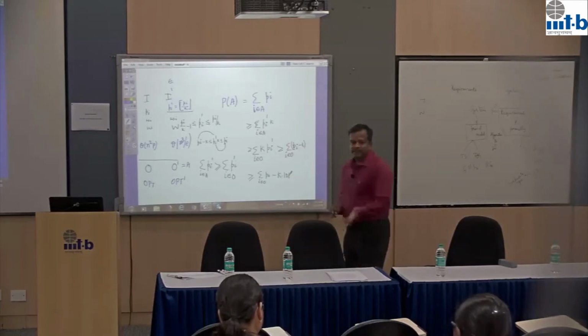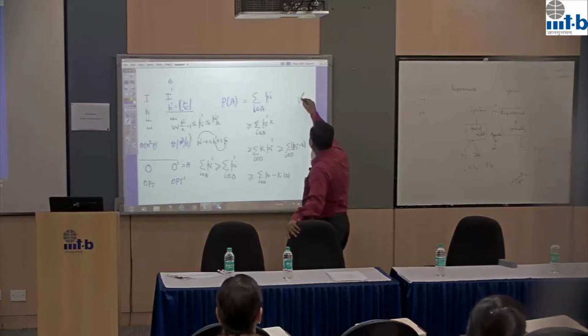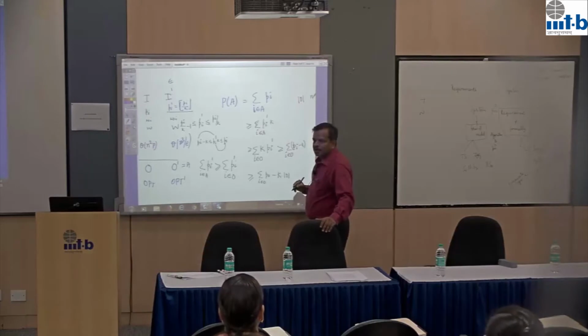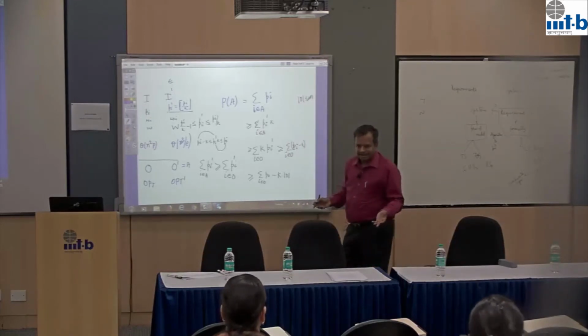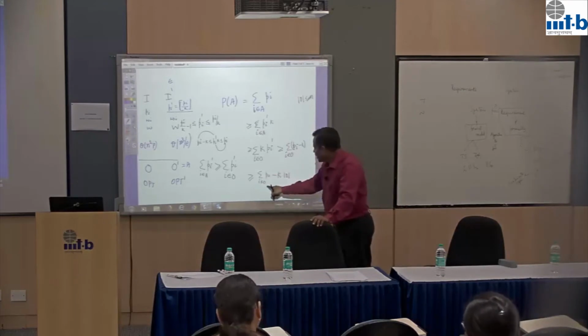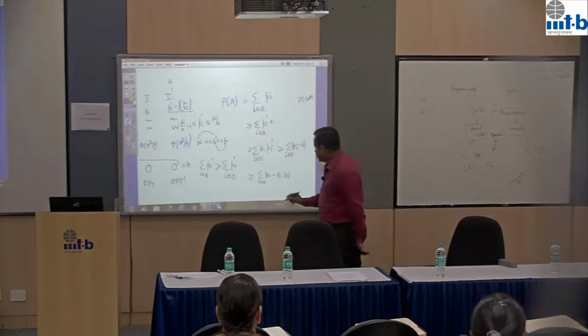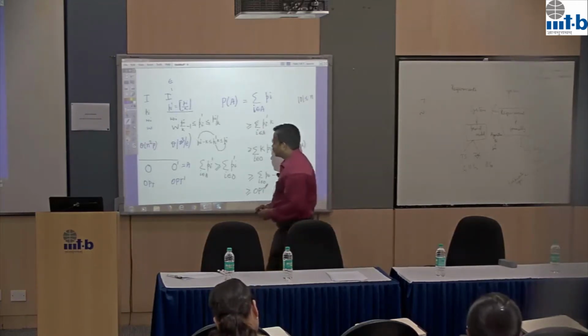But how many elements are there in O? How does the number of elements in O compare with N? This is smaller than or equal to N because you can't pick more than all the N items. Okay? And what is this quantity actually equal to? This quantity is actually the optimum, that's my definition. What is optimum?